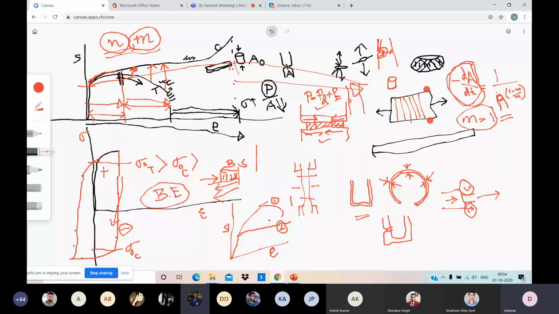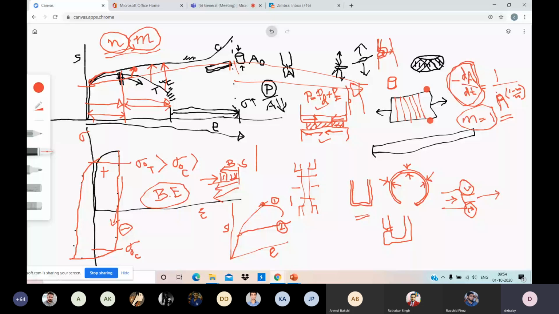Sharpness is more for the first one. Higher UTS, good. So more impact energy, more energy absorption.